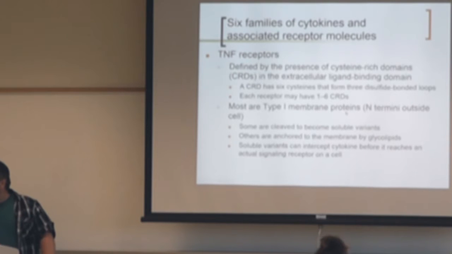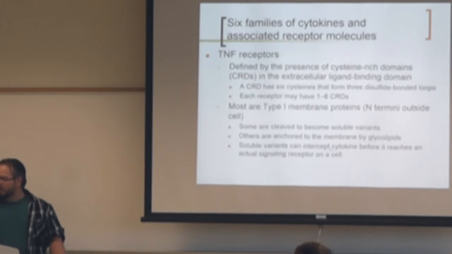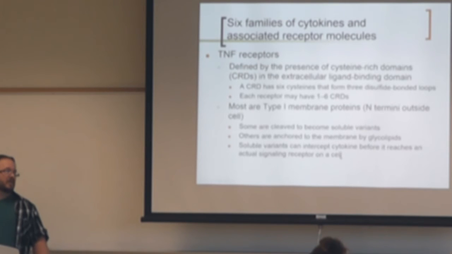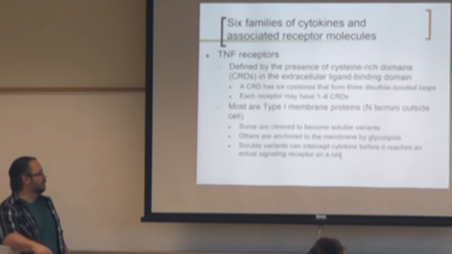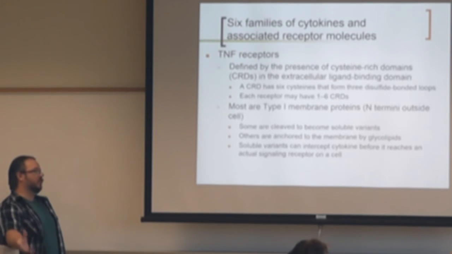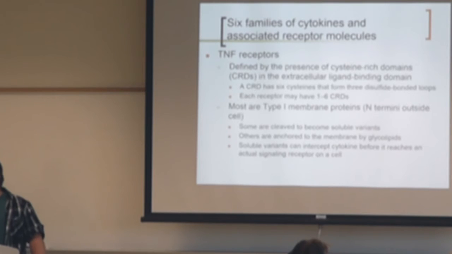You need to know some are cleaved to become soluble variants. Others are anchored in the membranes by glycolipids. Soluble variants can intercept cytokine before it reaches an actual signal receptor on a cell, and tumor cells will often secrete these receptors to block binding of the ligand in the area.